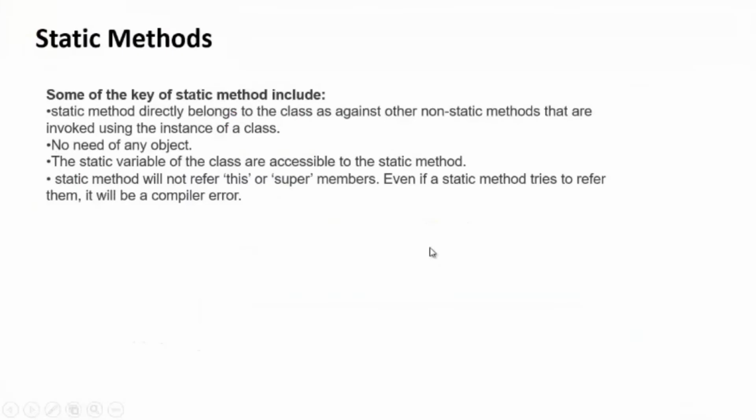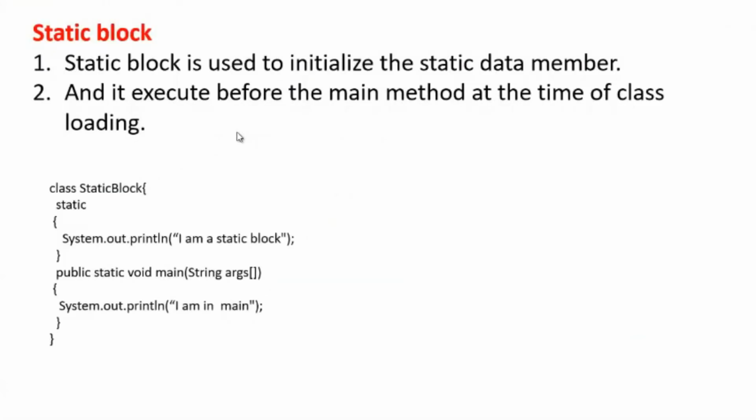For static methods, there is no need of any objects. And static variables of a class are accessible to the static method, so a static method can access a static variable also.